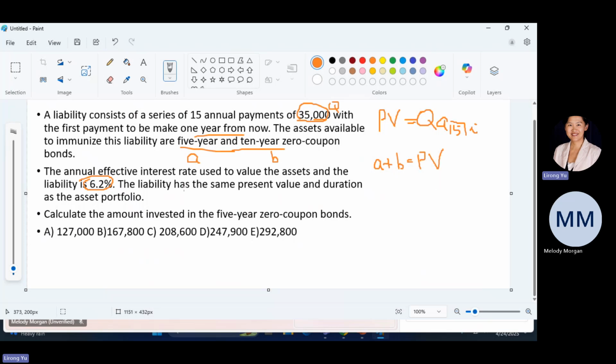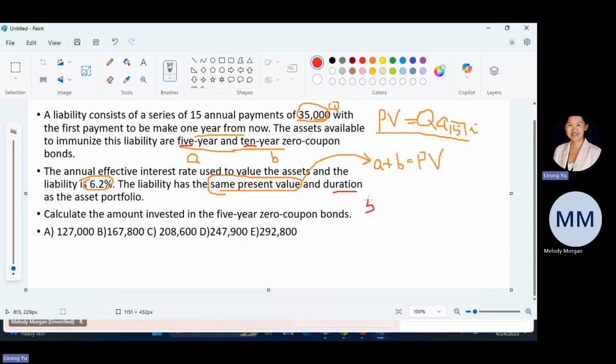Another thing is we want to match the same present value, and now that's matched. The present value of A plus B is the present value of the assets, and the present value calculated from the annuity formula is the liability. Then let's match the duration. The 5-year zero coupon bond has duration 5 and the 10-year has duration 10.